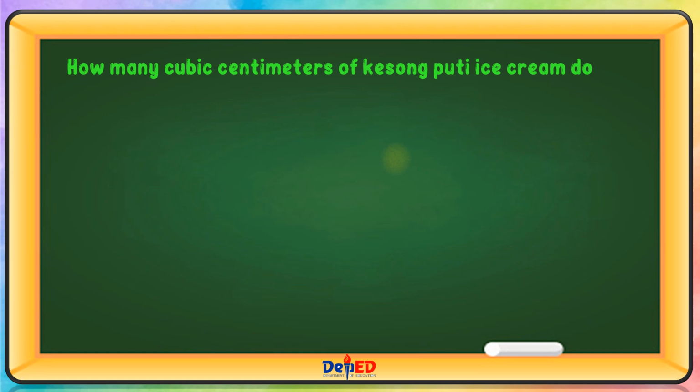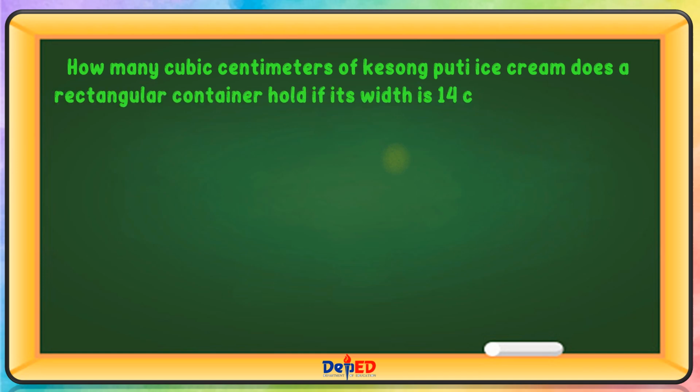How many cubic centimeters of kesong puti ice cream does a rectangular container hold if its width is 14 cm, length is 20 cm, and height is 16 cm?